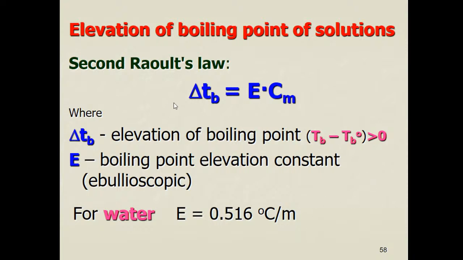Delta Tb is always more than 0 because a solution boils at a higher temperature than the pure solvent itself. For example, water boils at 100 Celsius, but if we dissolve sodium chloride in it, it will boil at a temperature higher than 100. As the concentration becomes higher and higher, it can be quite different.